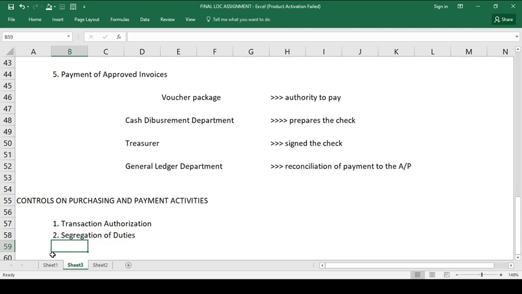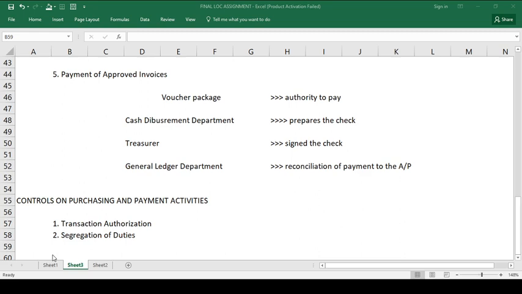Hindi po pwedeng pag-isahin lahat ng mga activities in one department, because may tendency na pag-controlled po niya lahat from requisition to order. May tendency that that particular person preparing all those tasks will make a fraudulent act that will result in losses on the part of the company.